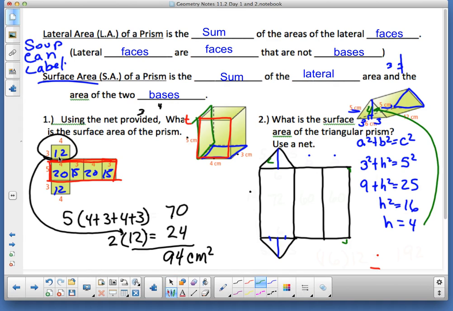Awesome. My height is 4. Okay, and so that's 4 right there. I just labored to help you with one of the dimensions. I would like you to take the remaining dimensions and fill them in on the net I have provided. I'm going to give you one other dimension, that's 6. Fill in the other dimensions on the net I made. And if you haven't yet, please draw that net.